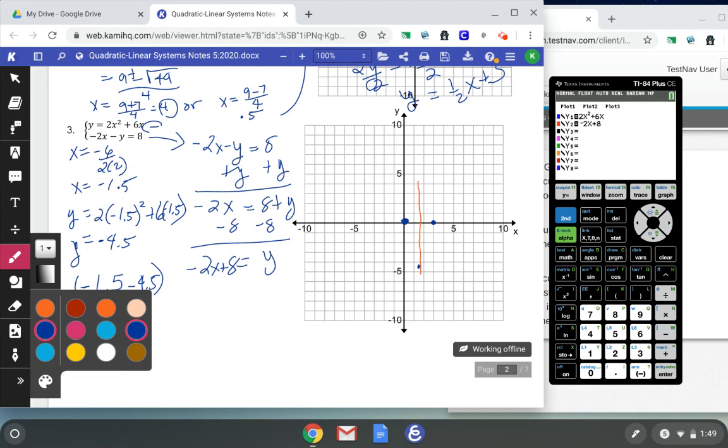All right, I'm going to look at my table of values to get maybe 1 or 2 more points. All right, so I have 0, 0. We got that one. 1, 8. So 1, 8 is going to be right here.